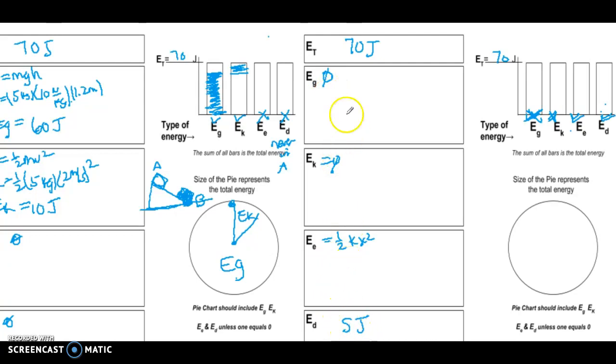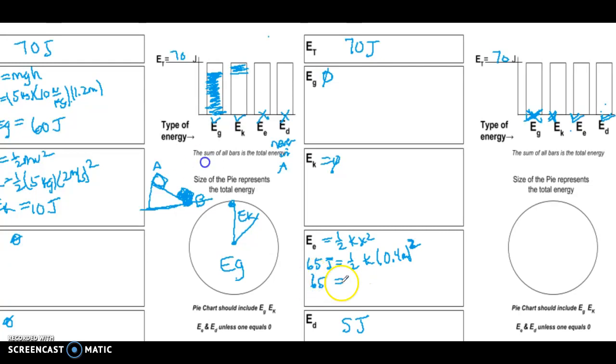So if there's 5 joules of ED and 70 joules total, that means that this has to be 65, because all the energies have to add up to the total. So 65 joules is going to be 1/2 K times 0.4 squared.